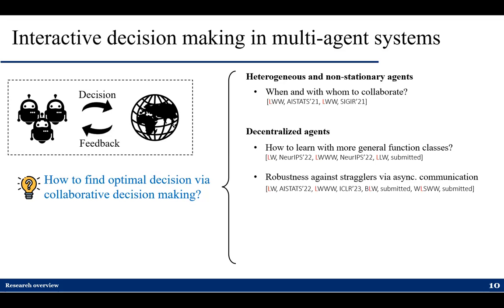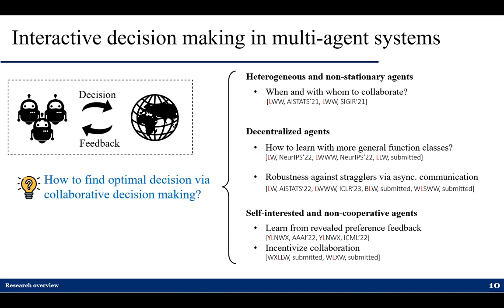On a second direction, we mentioned that they can be decentralized. So the focus in this line of research is how do we design communication strategies such that they can cooperate with as few communications as possible. On a third direction, what if the agents are self-interested?